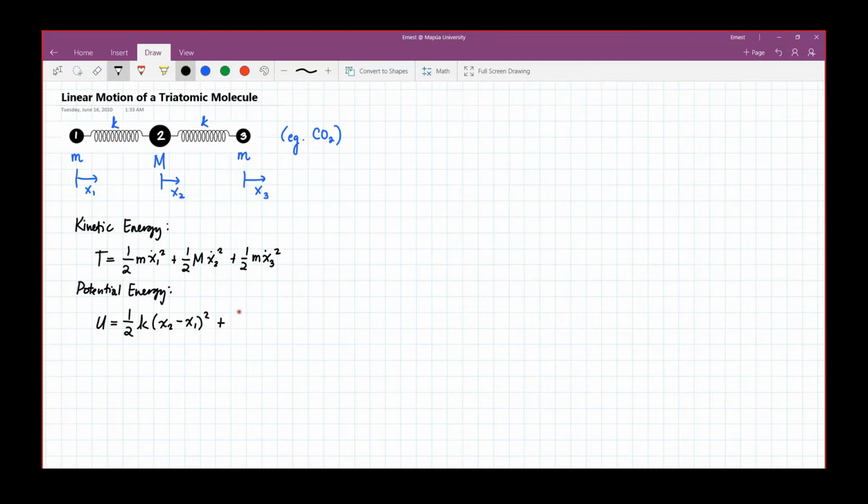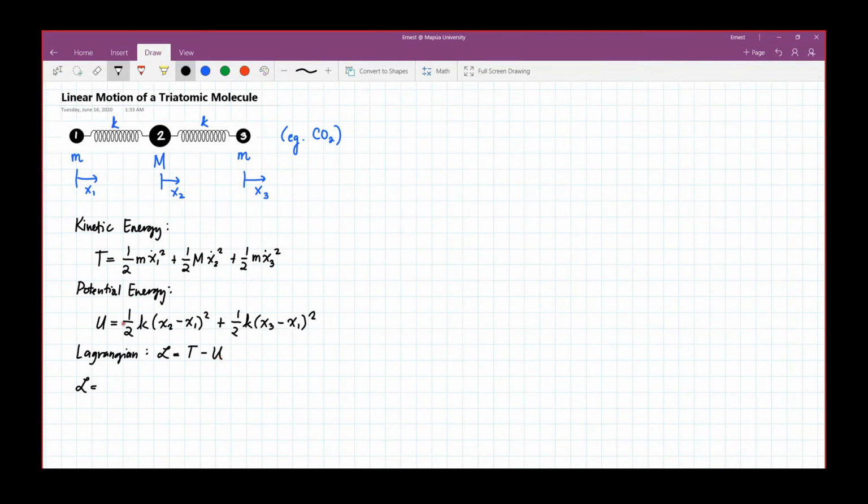So that's 1/2 k times x3 minus x2 squared. Therefore, the Lagrangian, which is the difference between kinetic and potential energy, can now be rewritten as follows.